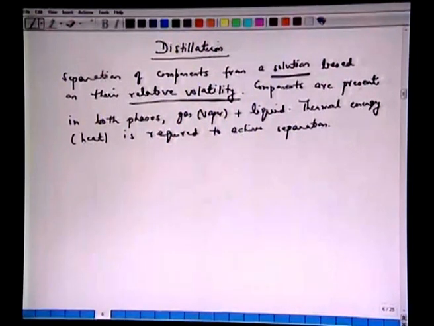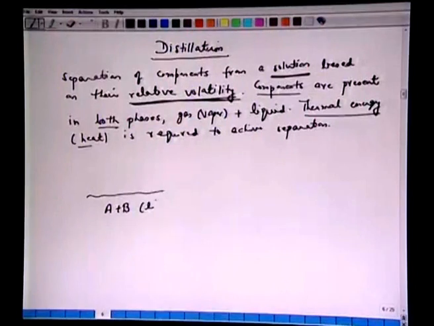So, there are three things to note here. One, the mechanism here is relative volatility. Second, components are present in both phases. And third, we require heat to cause these separations. So, if we start with A plus B in the liquid phase, we have to give energy, heat, to cause the separation, and we have A plus B in the vapor phase.